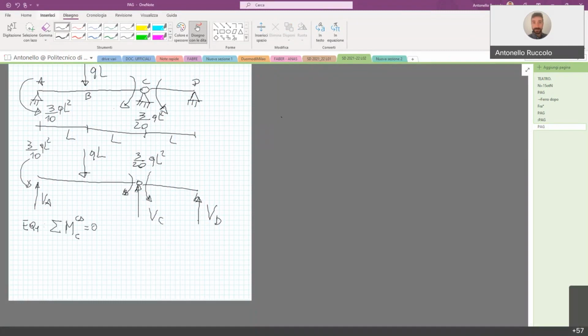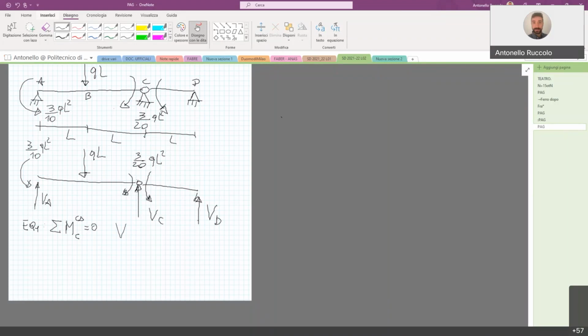So we take only this beam, we compute the equilibrium with respect to the node C of all the forces. Well, that's trivial. We can find directly the value of the vertical reaction VD.